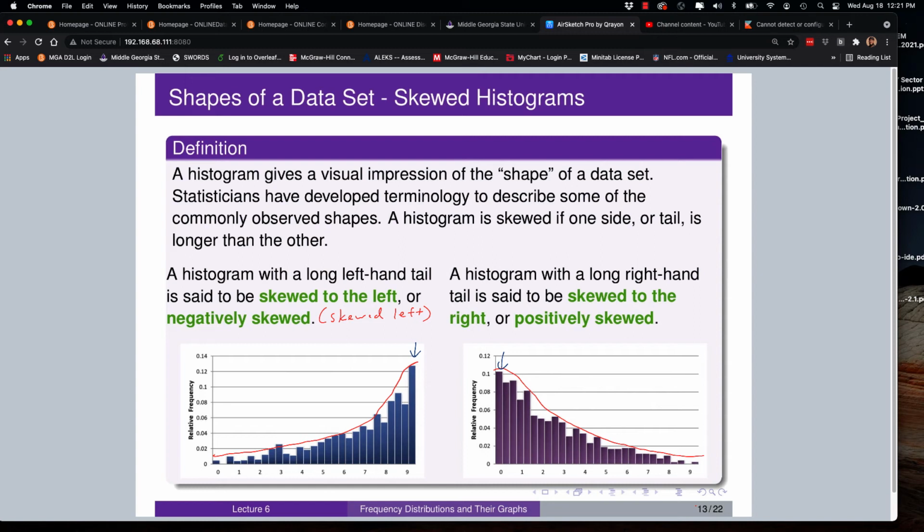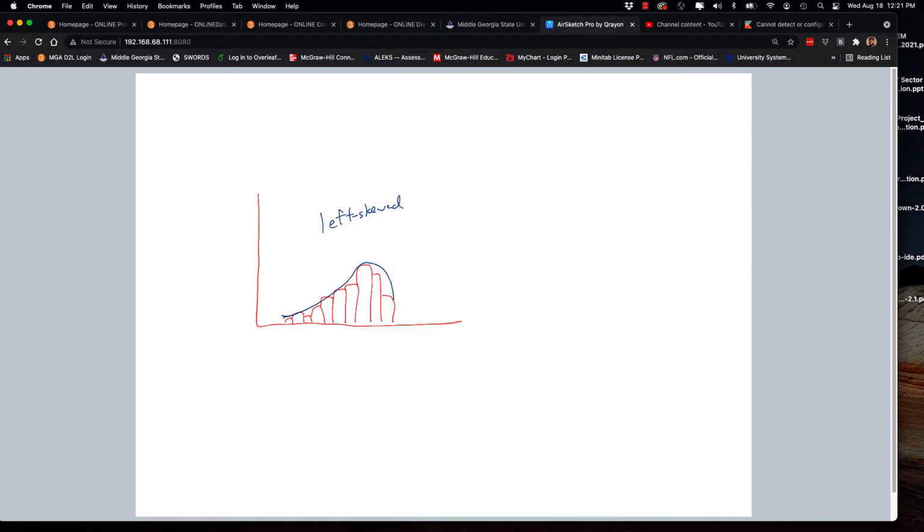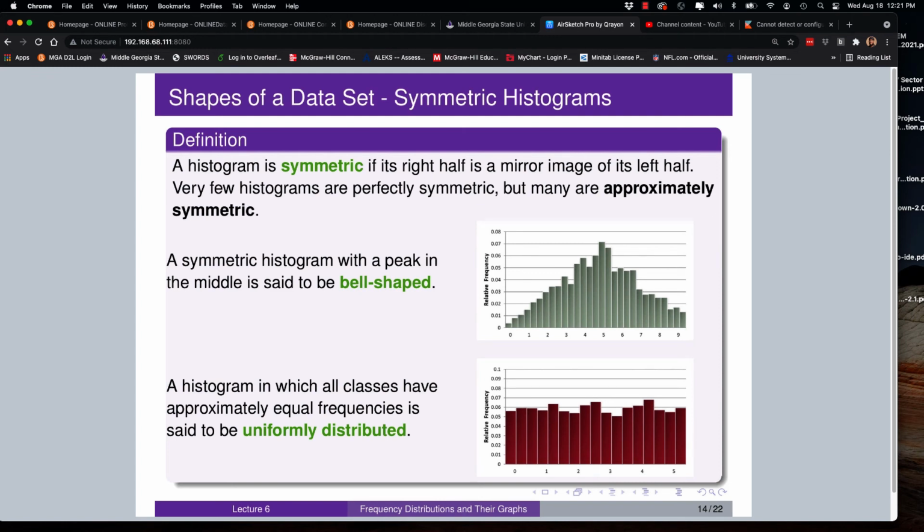An example that would not be considered skewed would be what we call a symmetric graph, or a bell-shaped histogram, or what we call approximately symmetric, because really we're rarely going to get perfectly symmetric distributions. So notice that this green graph here is not perfectly bell-shaped or symmetric.